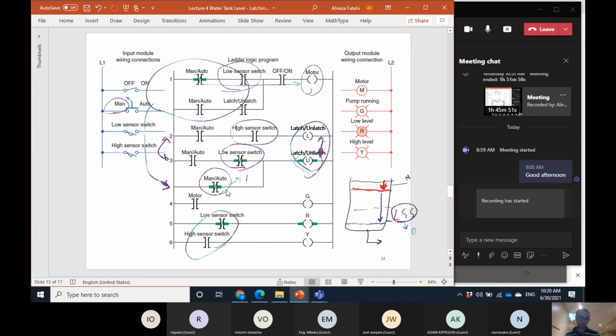This is just because of that. I'm not sure if we need it or not. I think we don't need this, because after all, if the level is more than low and we switch to manual, the motor should turn on from this side. But anyway, let's keep it.